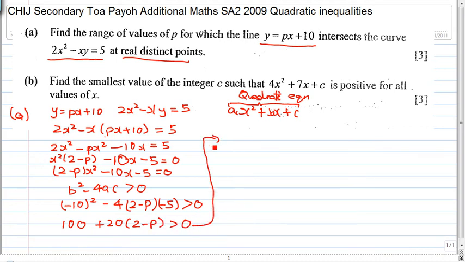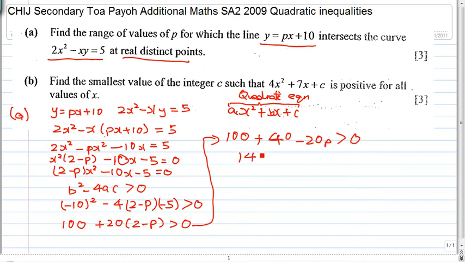We move up here because of lack of space. 100, expand this. 20 times 2 will give me 40. 20 times minus p will give me minus 20p, greater than 0.